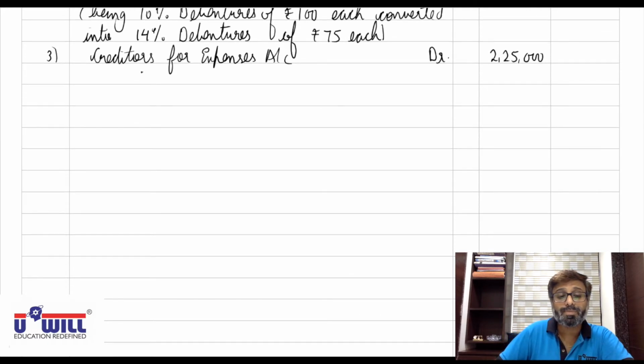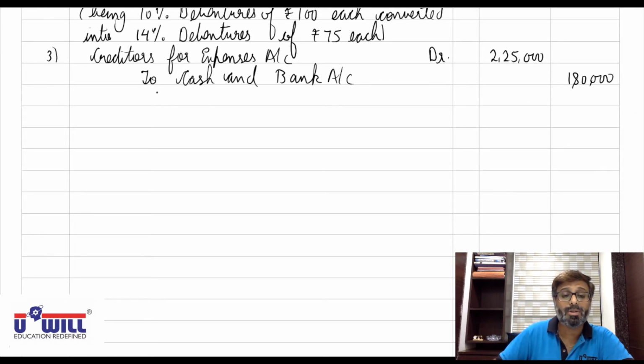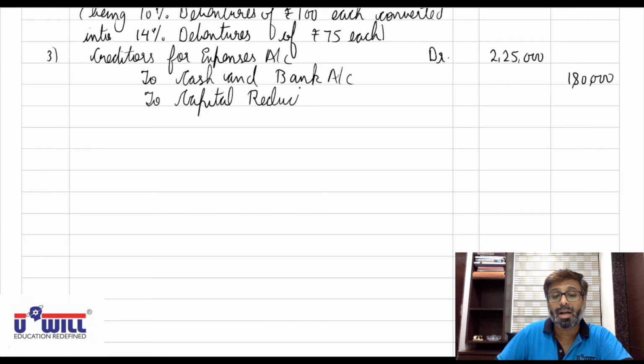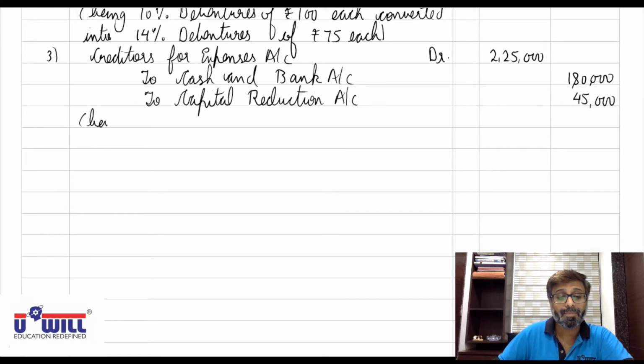To cash and bank account, what we are paying them is 1,80,000. Okay, cash goes out, credit what goes out, to cash and bank account 1,80,000, and what they are sacrificing will be transferred to capital reduction account, remaining amount of 45,000, being creditors settled.